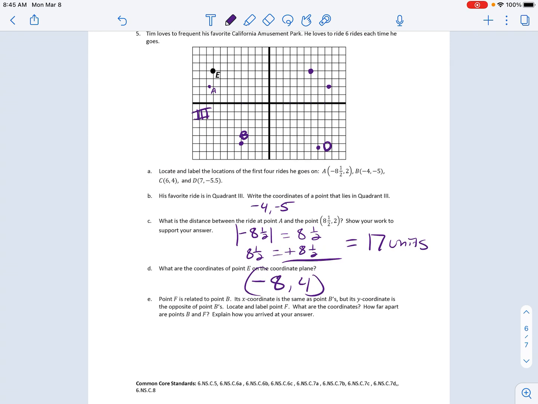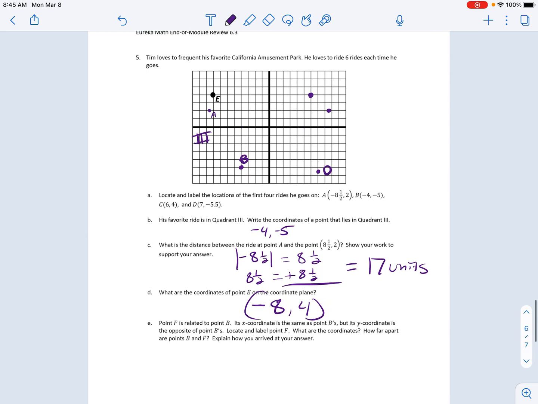Okay, so it's going to be at -4 and 5. So 1, 2, 3, 4, 5. That's F. Okay, what are the coordinates? The coordinates are -4 and 5.